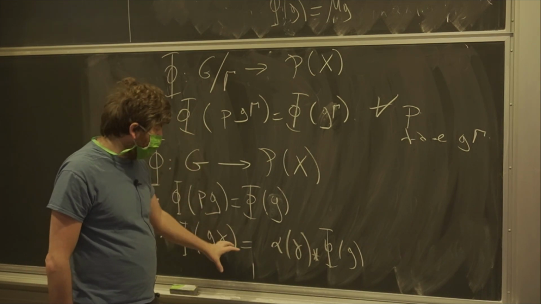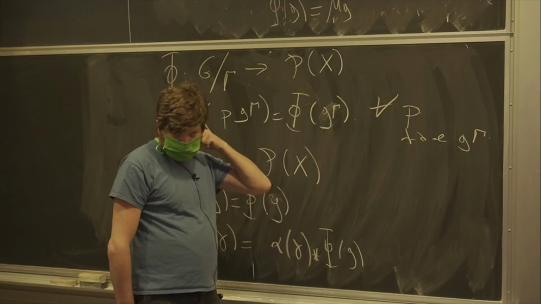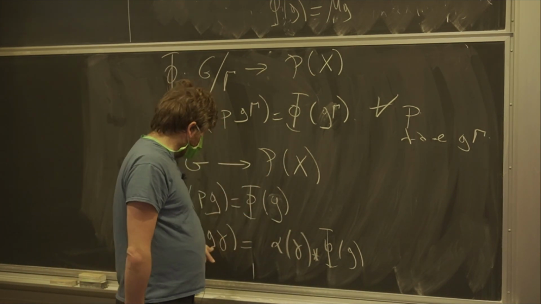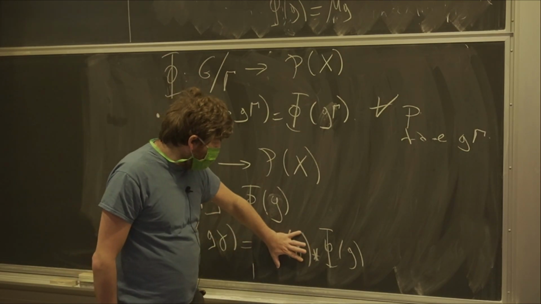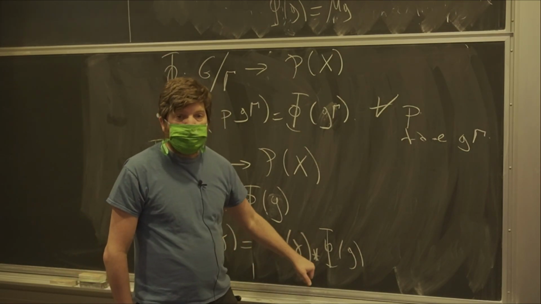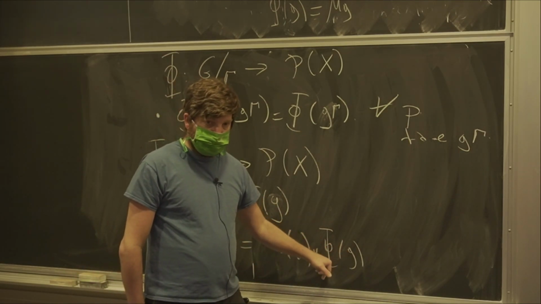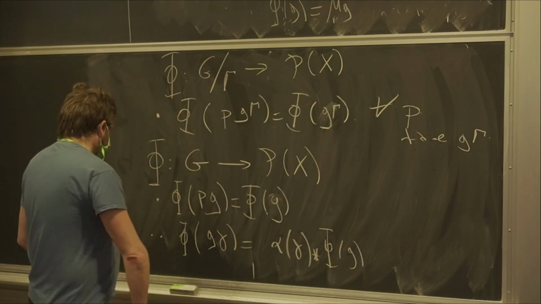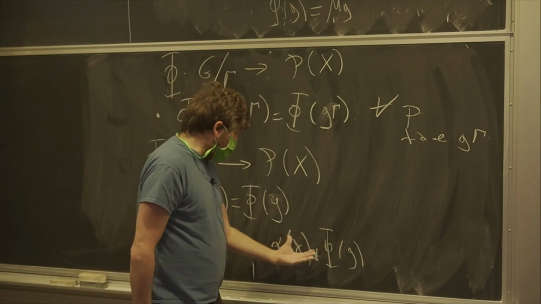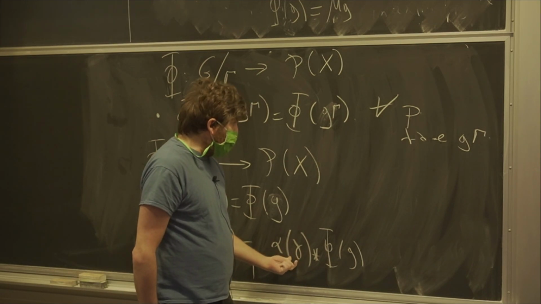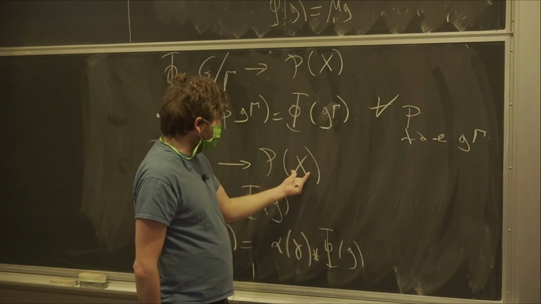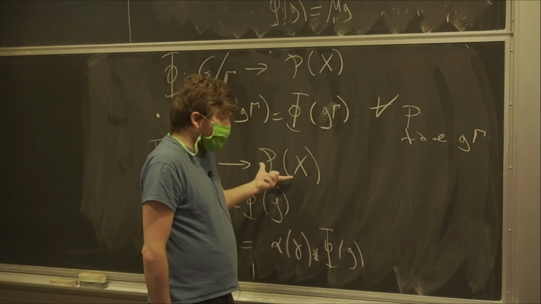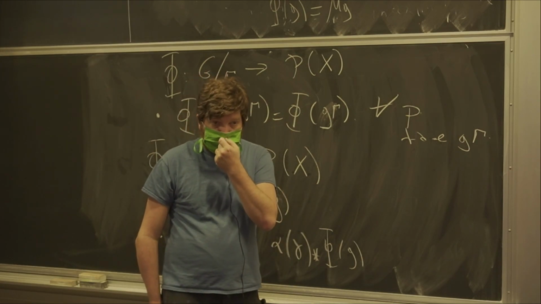So this identification appears here. And that's why this is not really phi of G, it's alpha gamma star phi of G. And this is the way you act. The gamma acts by homeomorphisms on the space X, so that's how you act on the probability measures of these homeomorphisms.